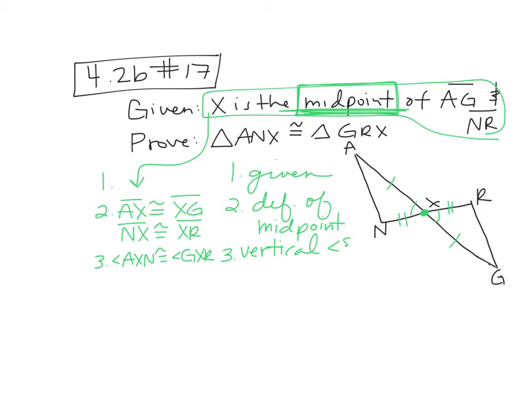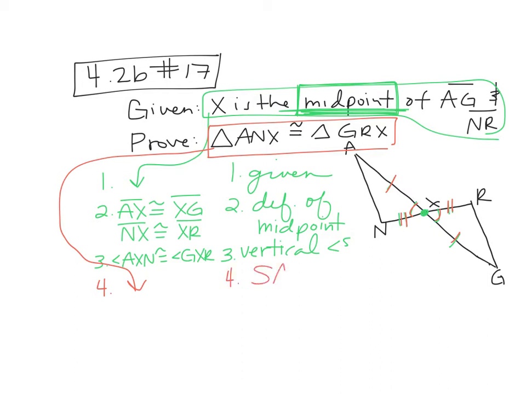And make sure you're marking as you go, because now that we've marked, you can see side, angle, side with side, angle, side. So we can say what they asked us to prove, which would go here, by SAS. Okay.